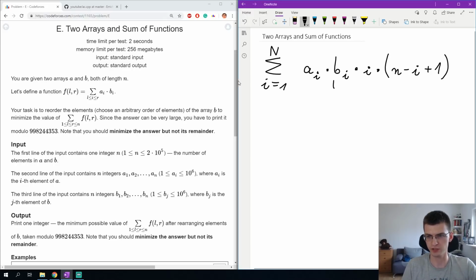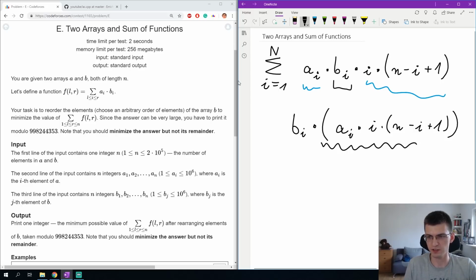We can rearrange BI, and we already know the values AI. We also know the values I and n minus I plus 1. So I will group together those three, and I will say that I minimize the sum over BI times this big value, AI times I times n minus I plus 1.